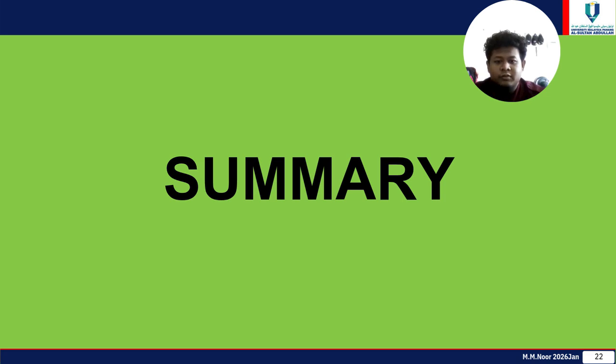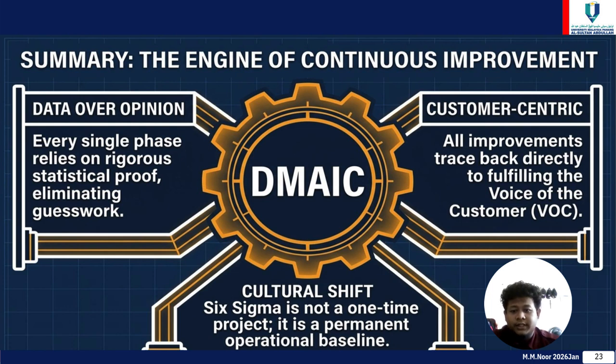And with that, we move to our summary. To summarize, the DMAIC framework acts as the definitive engine of continuous improvement through three distinct core tenets. First, data over opinion. Every single phase mandates rigorous statistical proof, successfully eliminating guesswork and cognitive bias.